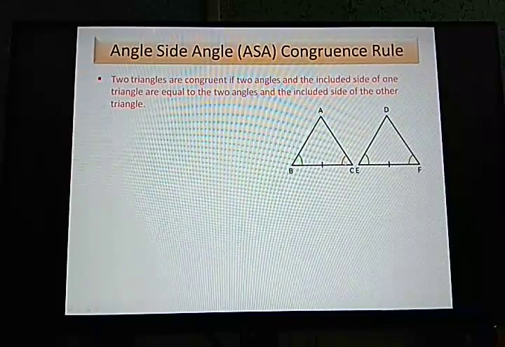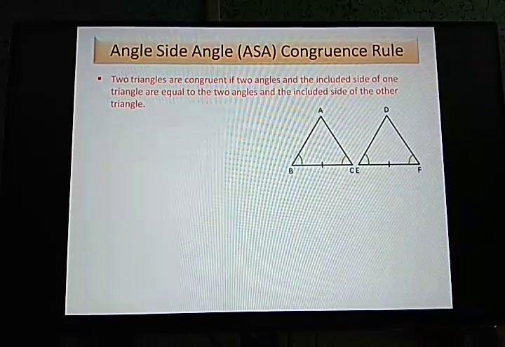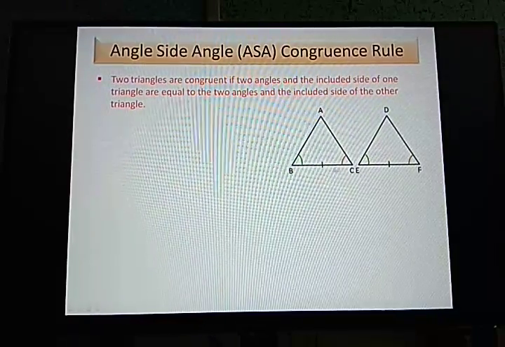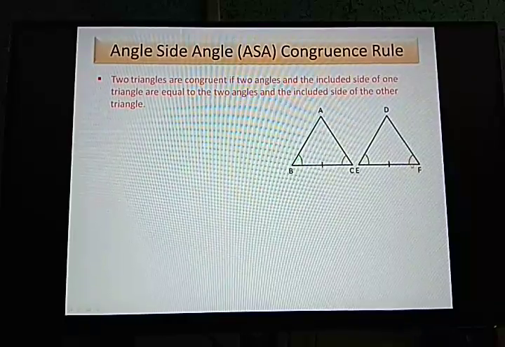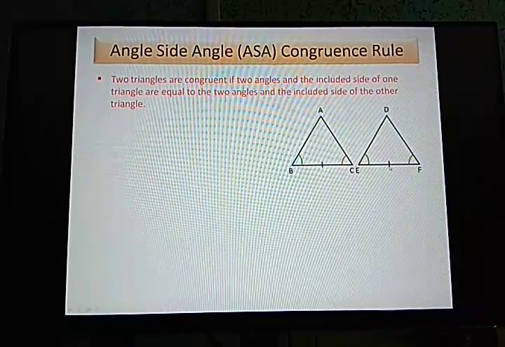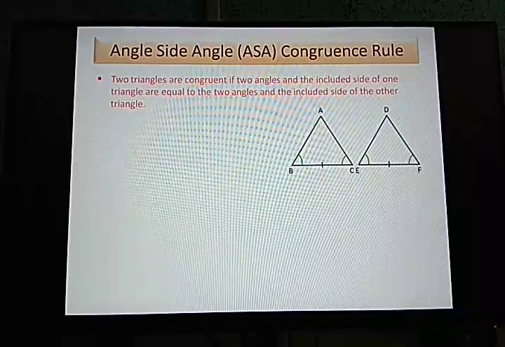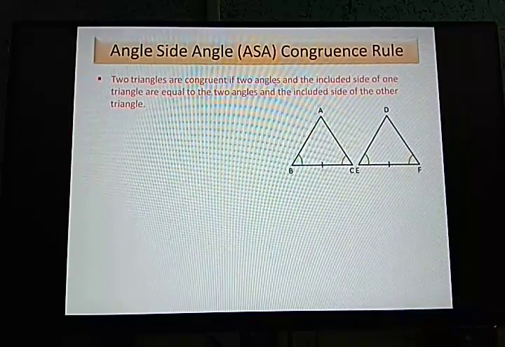If this criterion is fulfilled, that two angles and one included side of one triangle are equal to the two angles and the included side of the other triangle, then both the triangles are congruent.